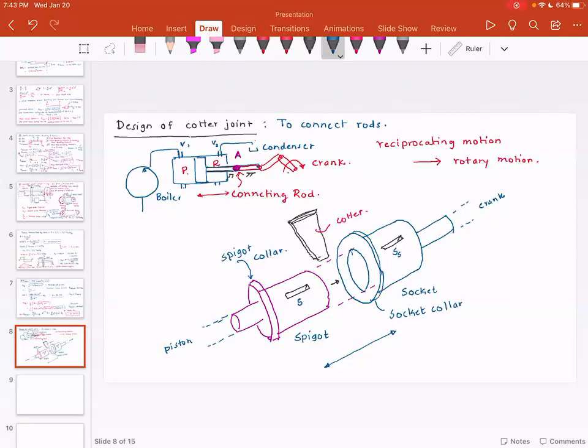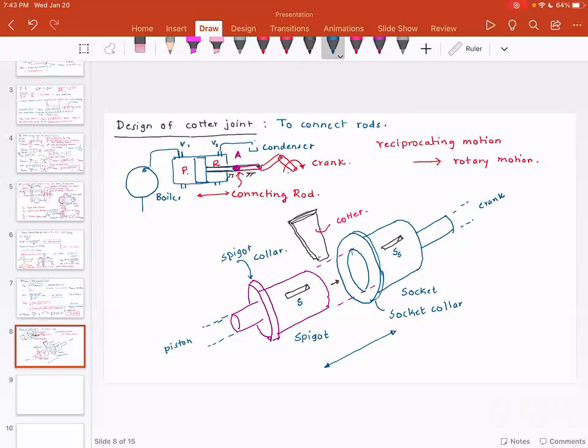And once they are aligned, basically you insert this cotter, and this cotter is hammered in so that it tightly fits between the socket and the spigot. So in other words, when the piston is reciprocating, going forward and backward, the spigot along with cotter, along with socket, they transmit this reciprocating motion.